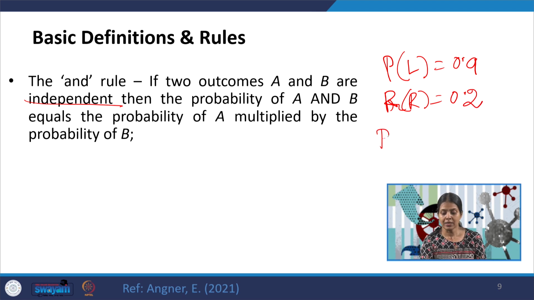So, the probability that I am going to have lunch and today being a rainy day is 0.9 multiplied by 0.2, which gives 0.18.